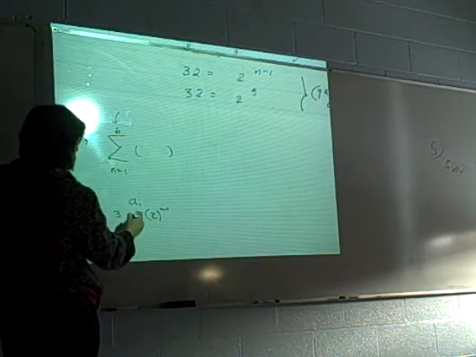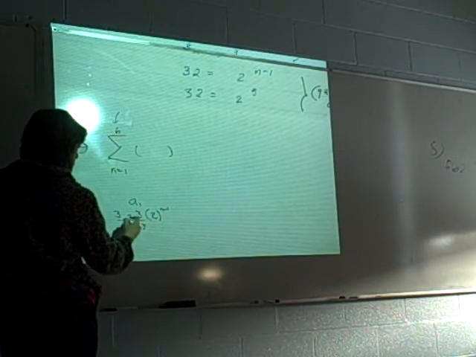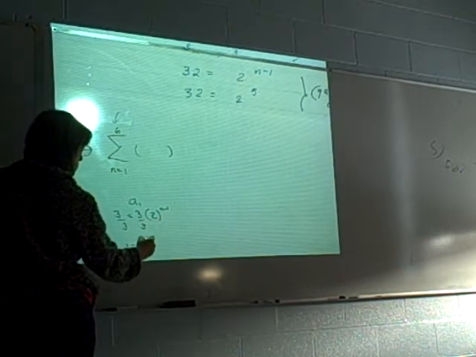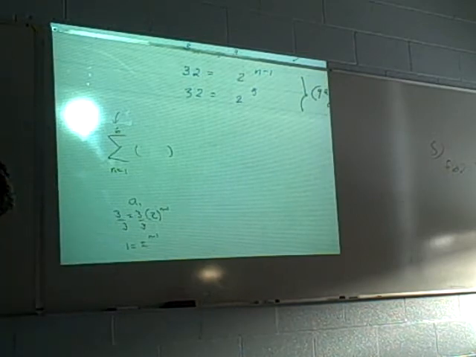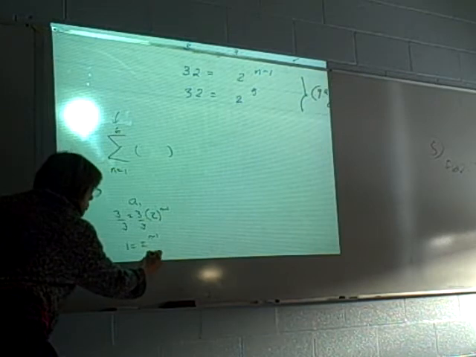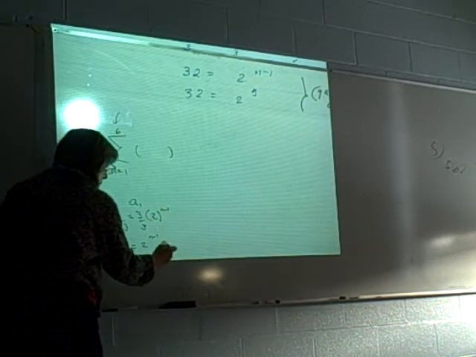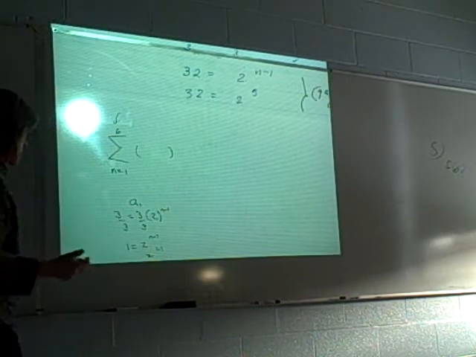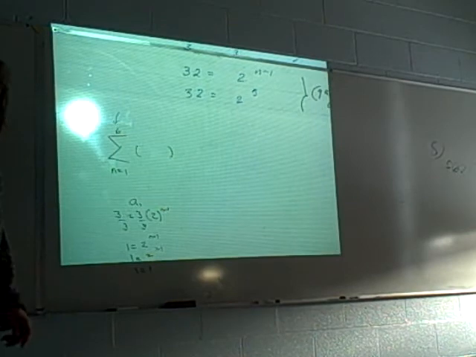The first term was a 3, and if I divide both sides by 3, I have 1 is equal to 2 to the n minus 1. What term was it? The first term. So would I have 2 to the 1 minus 1 give me 2 to the 0? That's confusing. So 1 would equal 1? Yes? Maybe.